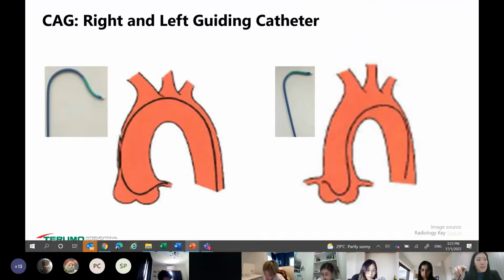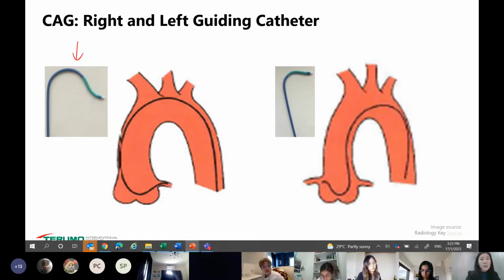So from the videos that you saw in the cath lab, you observe that the doctors switch the diagnostic catheter when they move from the right coronary artery to the left coronary artery. And that's because there's actually dedicated shapes for these diagnostic catheters. As I mentioned, the diagnostic catheters or guiding catheters are not straight.